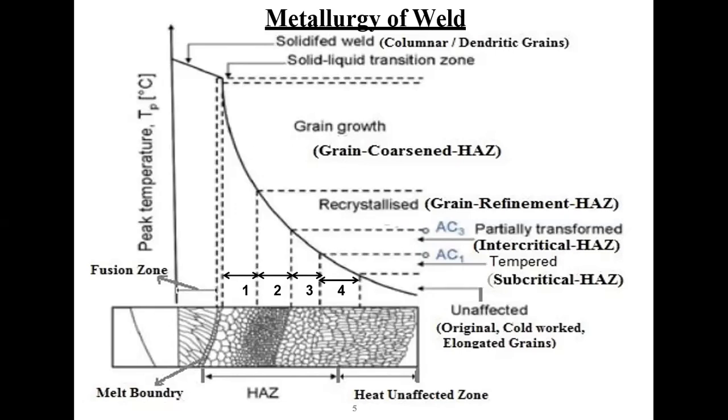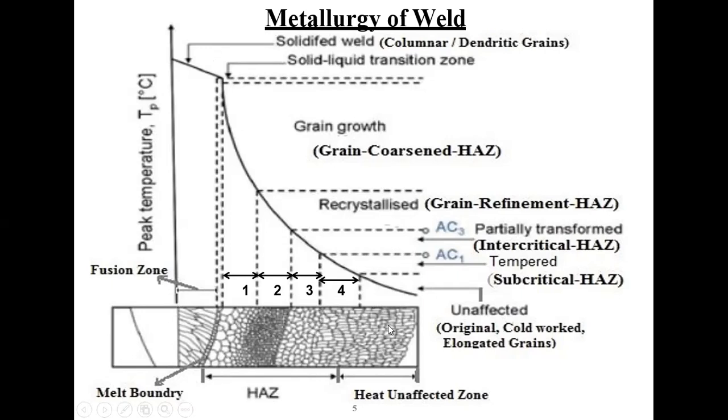Main fusion takes place after this, and we can see there is a graph also. This is a cooling curve. That means the heat will be reduced as we get a distance from the center.